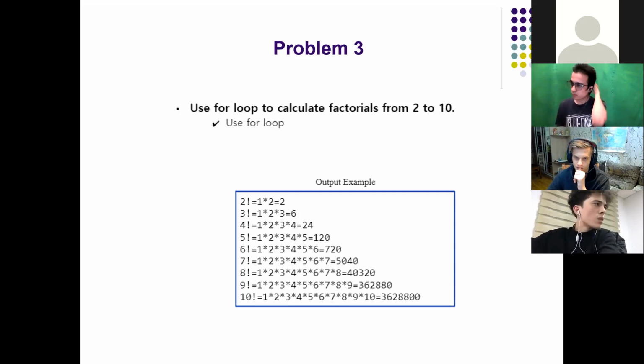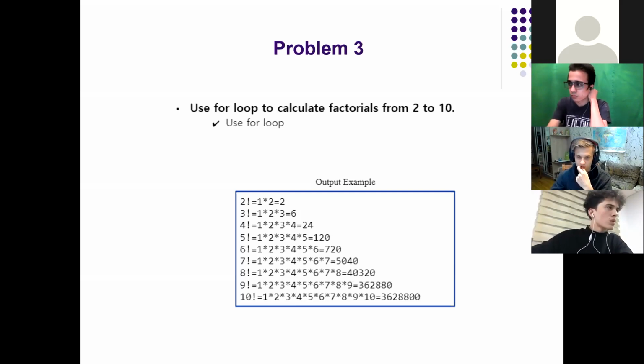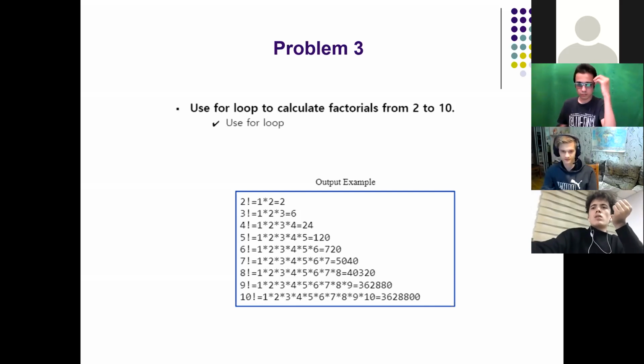I mean, if it's the factorial of 2, it will be 1 plus 2. If the factorial of 5, it will be 1 plus 2 plus 3 until 5. Or is it multiplication? Multiplication factorial. Yeah, okay. I think factorial is the multiplication, if I don't have any mistake. Yeah, this is the multiplication. Just googled it.